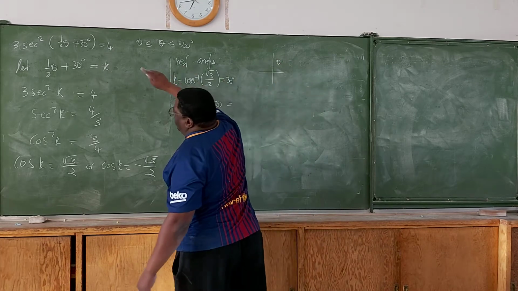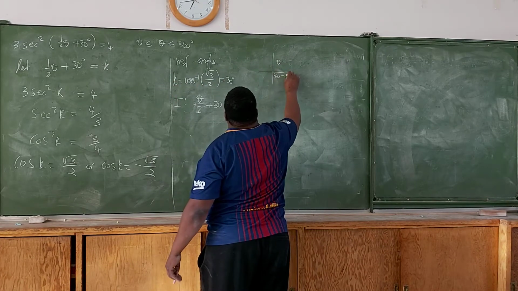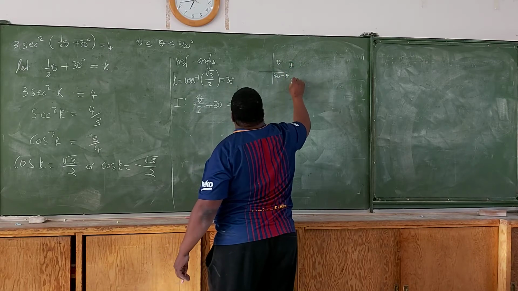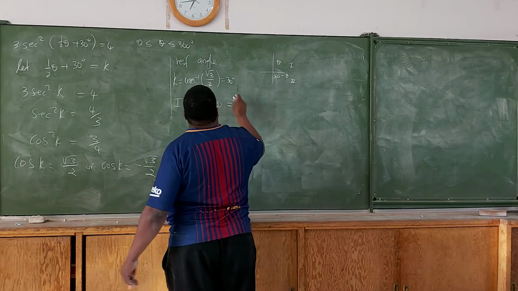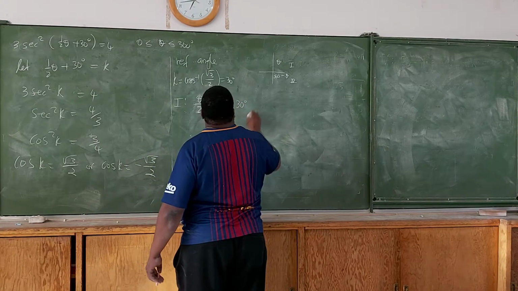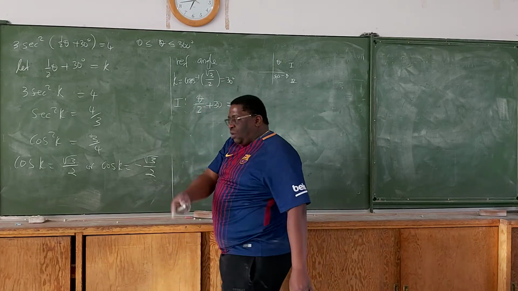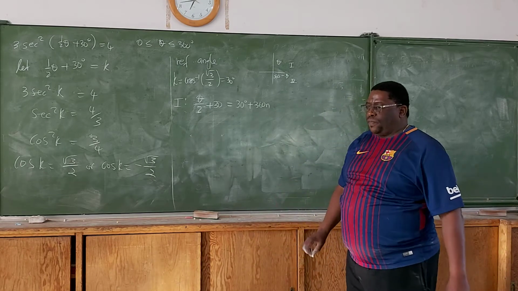That's the cosine. Here it is 360 minus that. Are you with me? Right. So here we're going to have our angle 30 degrees plus, it repeats itself. Are we okay so far?